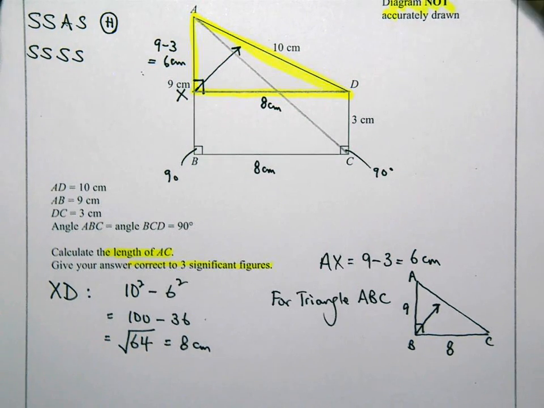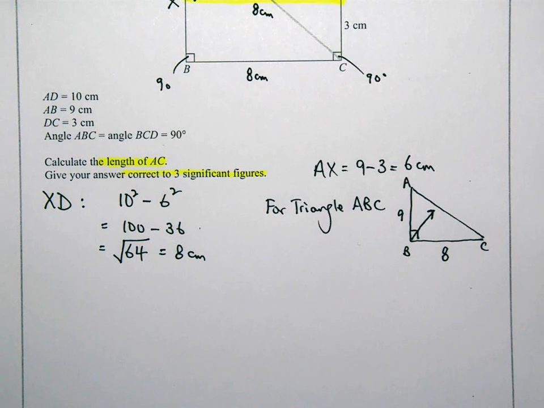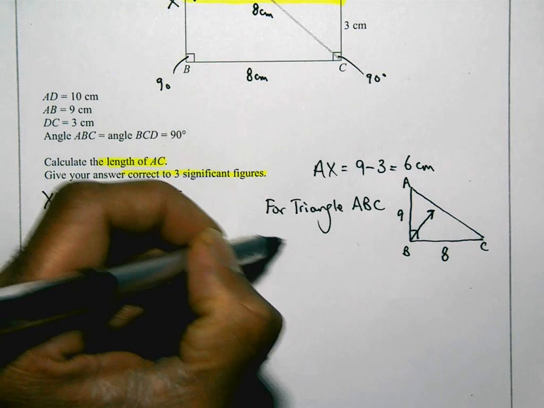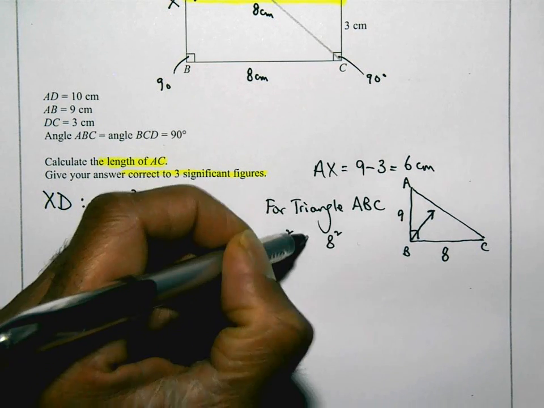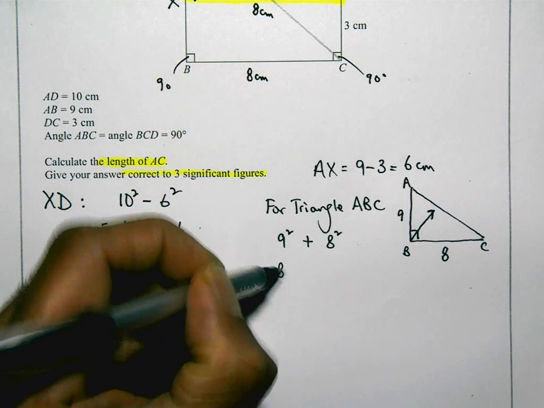And as I indicated before, if you want to find the hypotenuse, you square, square, add and square root. So I'm going to do 9 squared, 8 squared. I'm going to add these two. 9 squared is 81, 8 squared is 64.